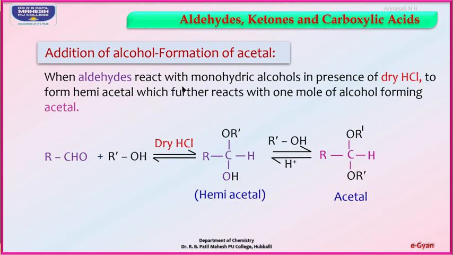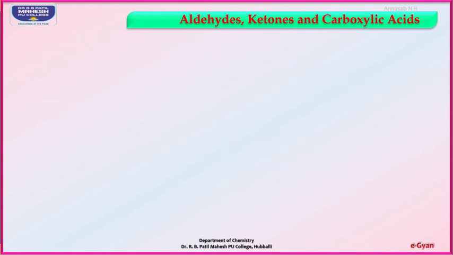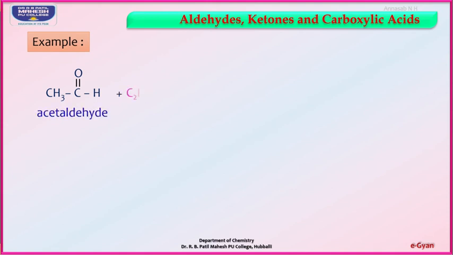So aldehydes react with monohydric alcohol. Compulsorily there must be the presence of only one OH group that forms first hemiacetal. Further addition of alcohol gives acetal, and water is liberated. Example, CH3CHO, acetaldehyde, that reacts with C2H5OH, ethanol.